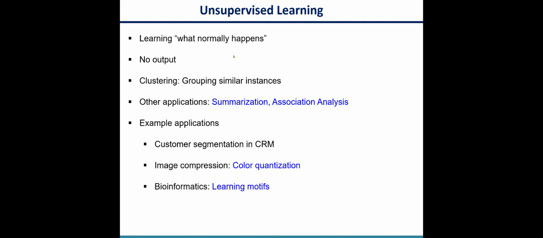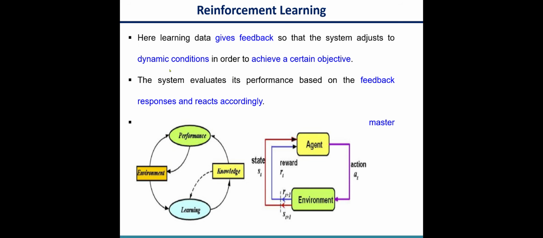So next we have reinforcement learning. Reinforcement learning is learning where data gives feedback so that the system adjusts to dynamic conditions in order to achieve an objective. So the system evaluates its performance based on the feedback responses and reacts accordingly. For example, we have some state based on the environment.